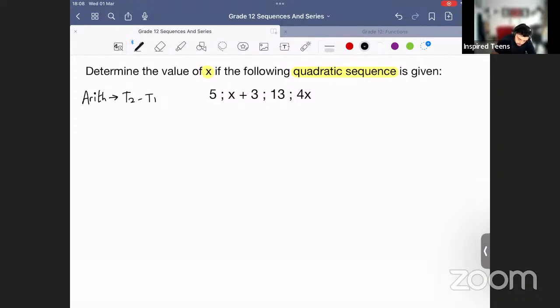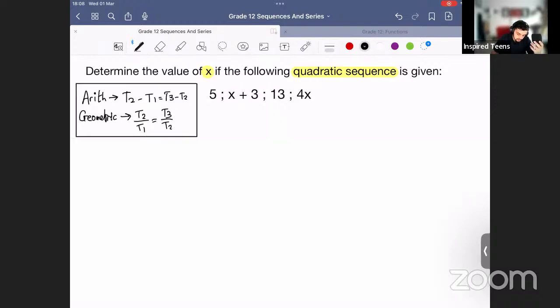When it came to geometric, the first thing we should try to do is T2 over T1. In this case, it would be equal to T3 minus T2, and for geometric, it's equal to T3 over T2. So that's for arithmetic and geometric respectively. We use a similar concept in quadratic.